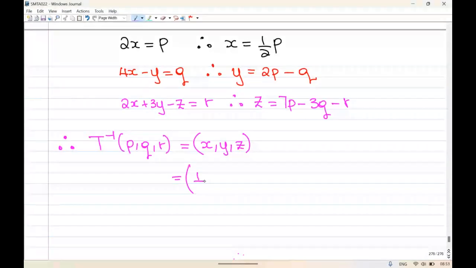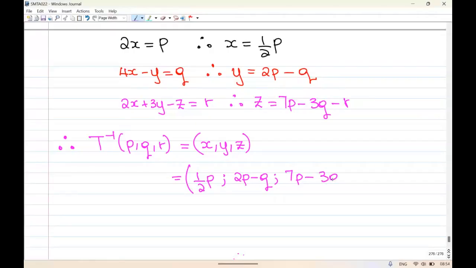X is 1 over 2p. What is y? 2p minus q. What is z? 7p minus 3q minus r.